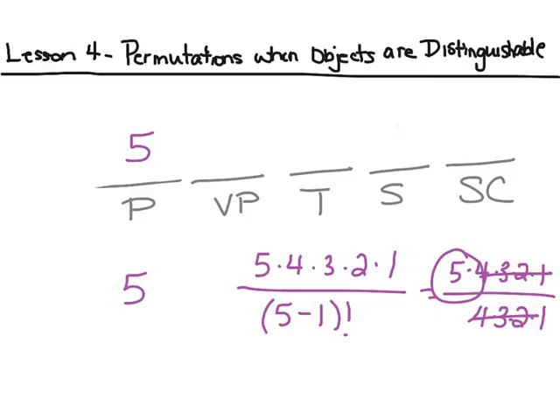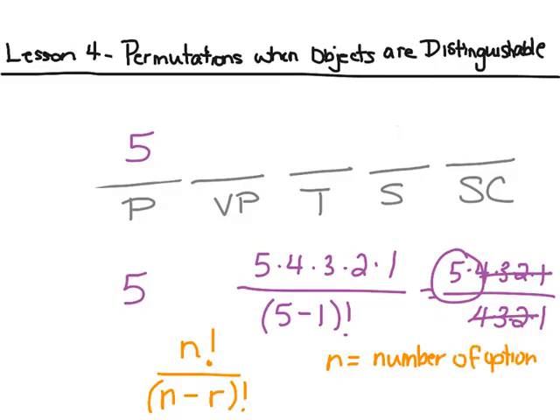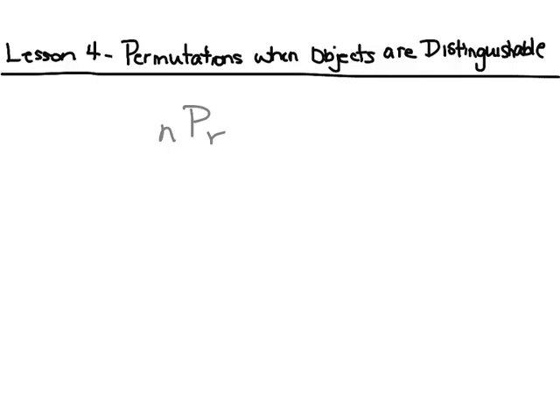So when we are writing an expression to show the number of ways to vote, you take n factorial and divide by n minus however many you're choosing, n minus r factorial. Here n is the number of options, and r is the number you're selecting. nPr is a permutation, where you're choosing from a distinguishable set of objects.